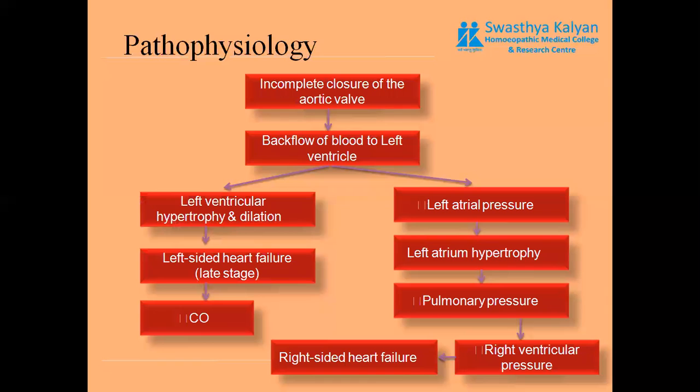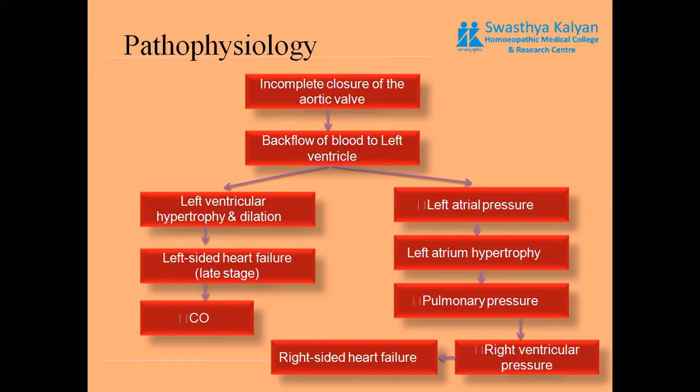So let us understand what happens here. Incomplete closure of the aortic valve will lead to backflow of blood to the left ventricle, which will have two consequences, that is left ventricular hypertrophy and dilatation, which in turn will lead to left-sided heart failure in later stages, and eventually lowered cardiac output can be seen.